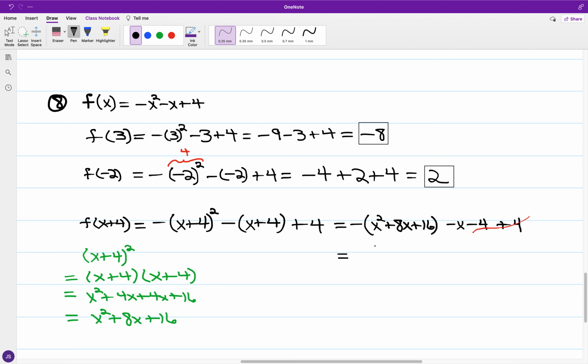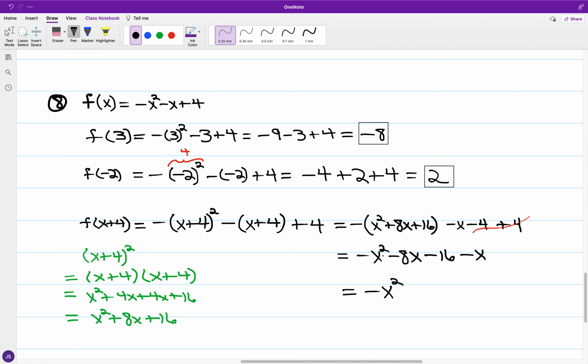And following through, taking the opposite sign of the square of x plus 4, we're going to have negative x squared minus 8x minus 16. We have minus x to follow. And then combining like terms, we have first order in x.